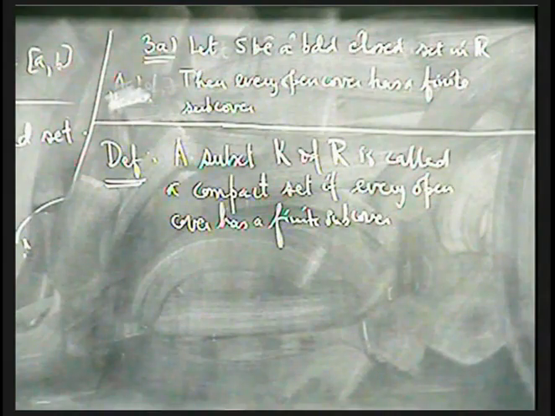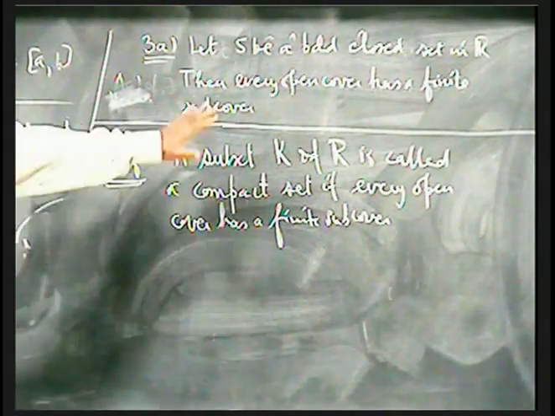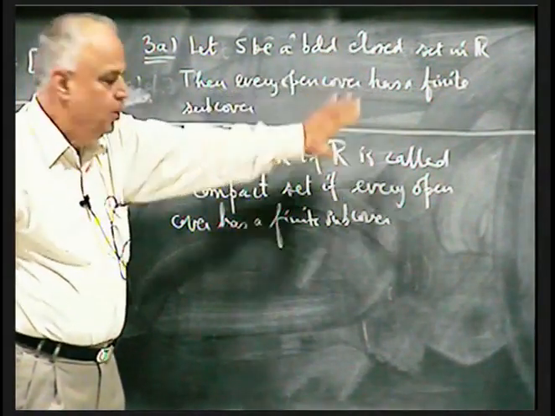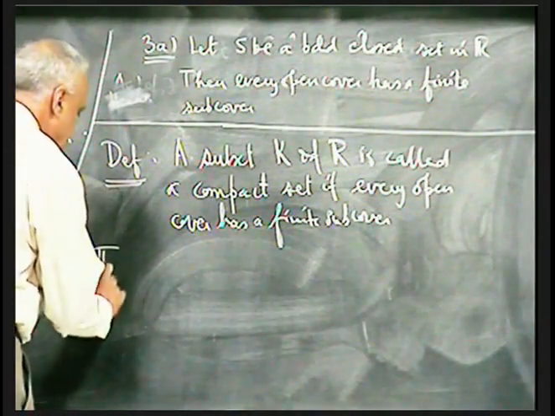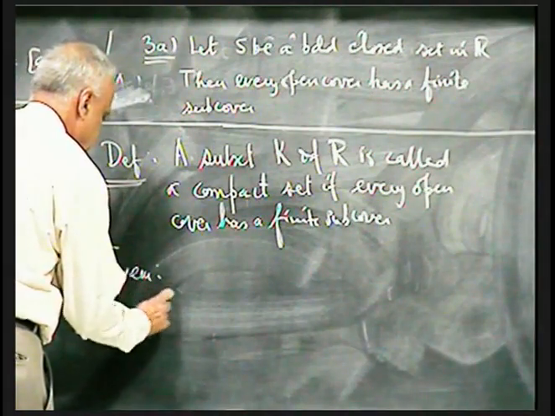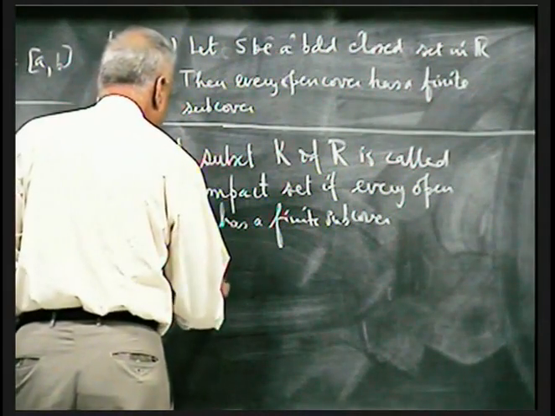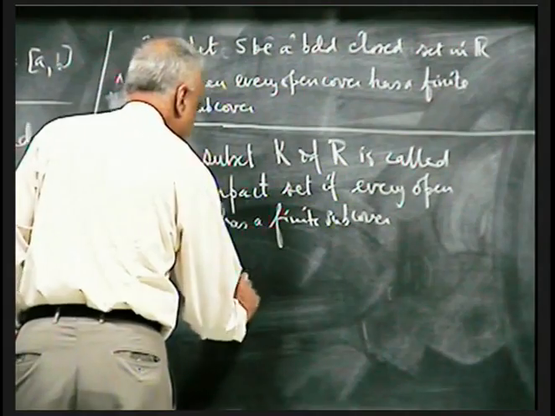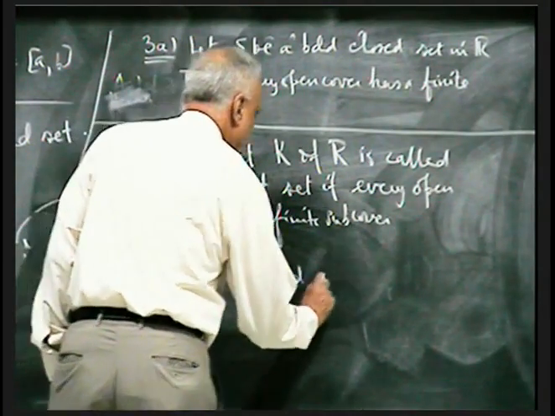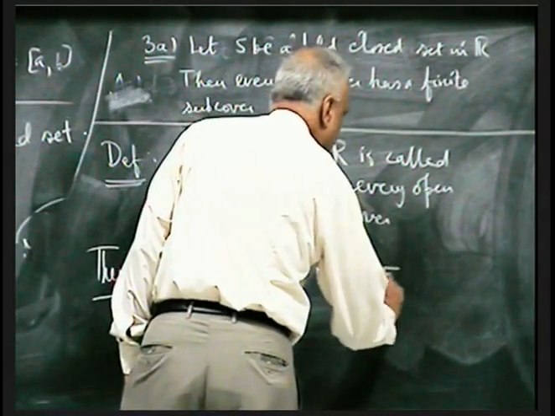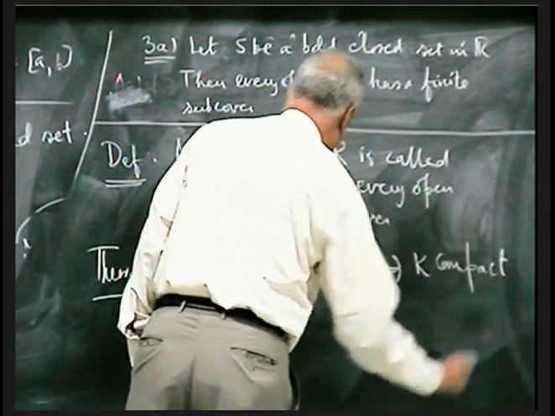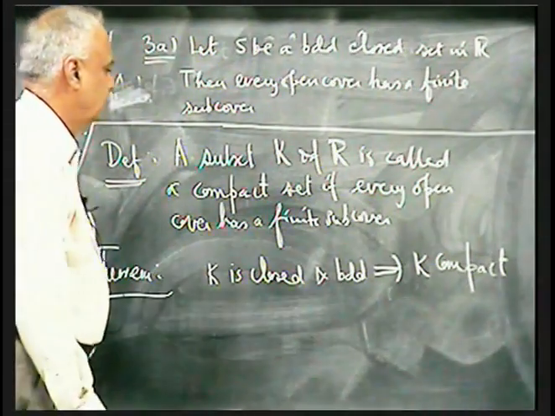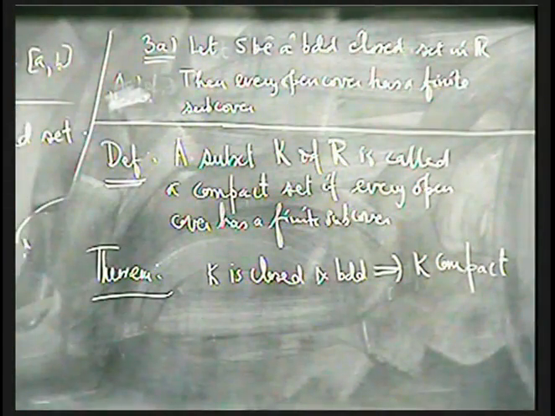Now what we have proved essentially is, if a set is bounded and closed, it is compact. So what we have so far, the theorem is: K closed and bounded implies K compact. And the converse is also true.